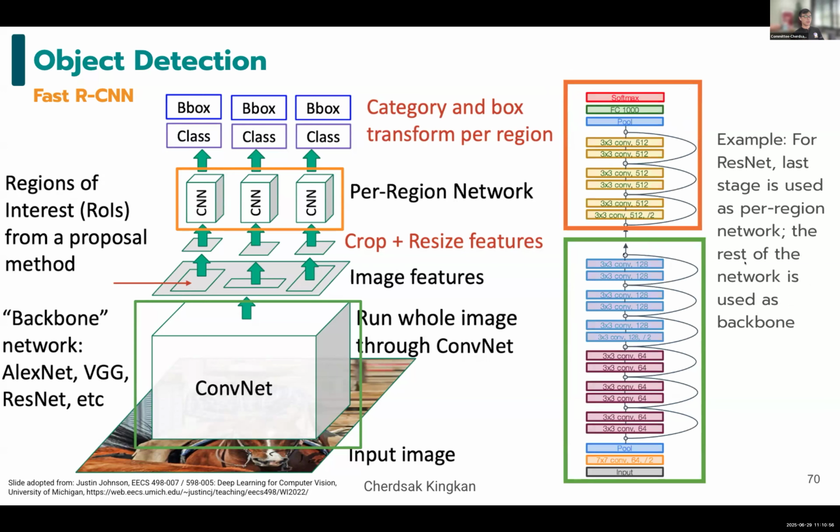Or if you use ResNet, you could use the first 3-4 ResNet blocks as the backbone, and then use the last ResNet block plus fully connected layers as the per-region network to predict the class and bounding box of each object within the image. So this is how we do Fast R-CNN, just swapping the order.